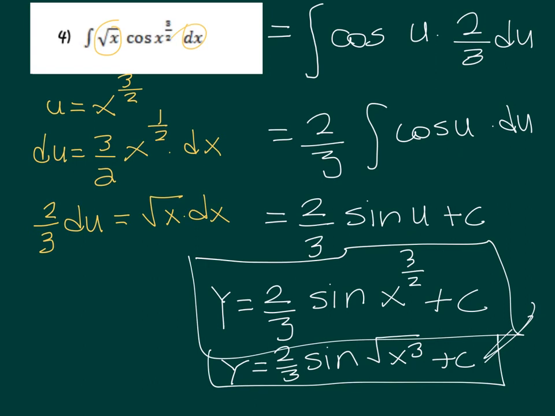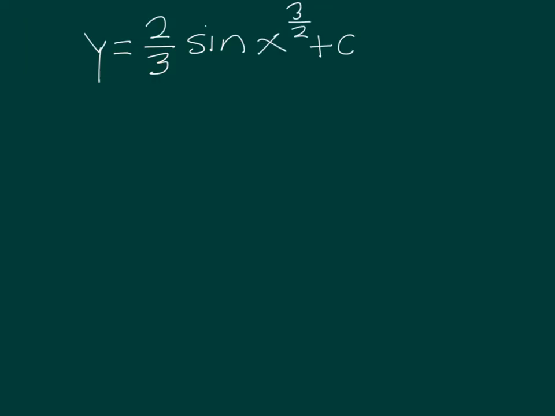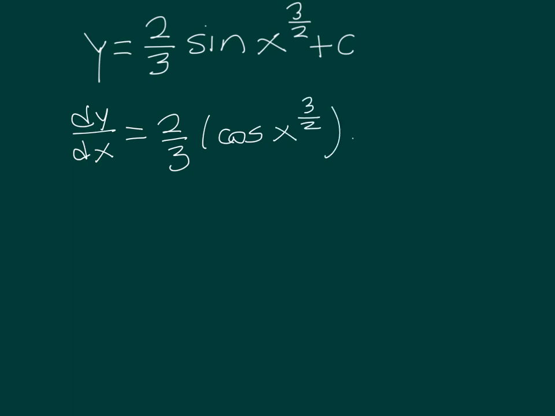The function, as it is mandatory to write it, will be 2/3 of sine of square root of x cubed plus c. Let's do the verifying. The derivative of y with respect to x will be 2/3 of the derivative of sine, which is cosine of x to the 3/2, times the derivative of x to the 3/2, which is 3/2 of x to the 1/2, plus 0, because the derivative of a constant is 0.